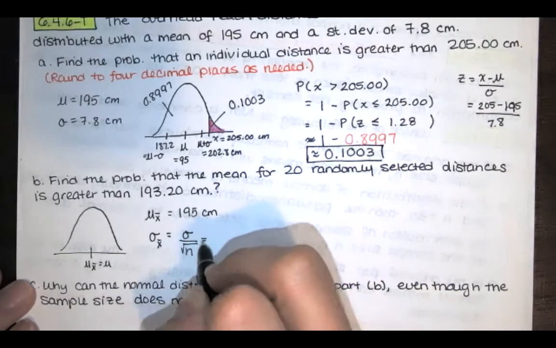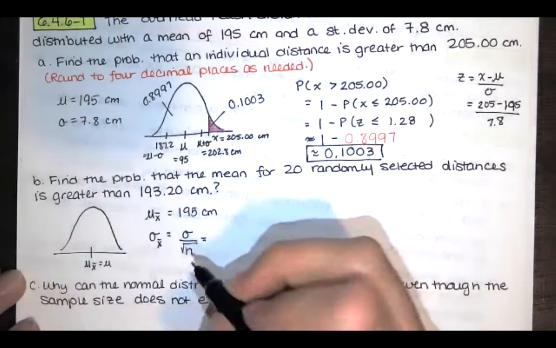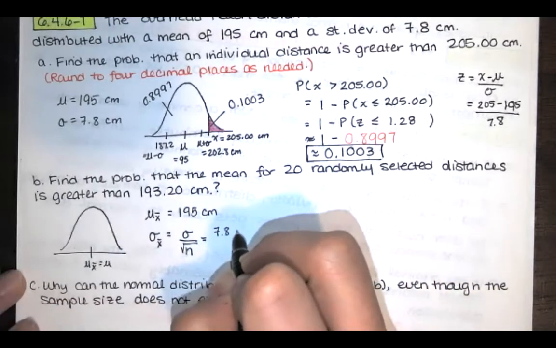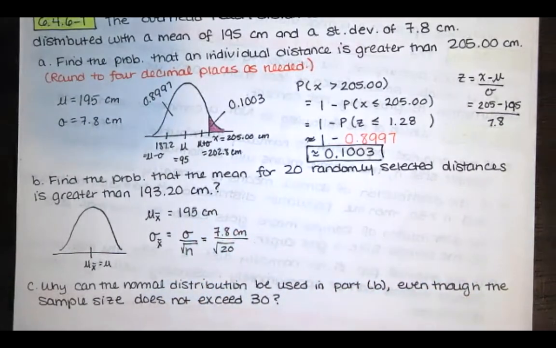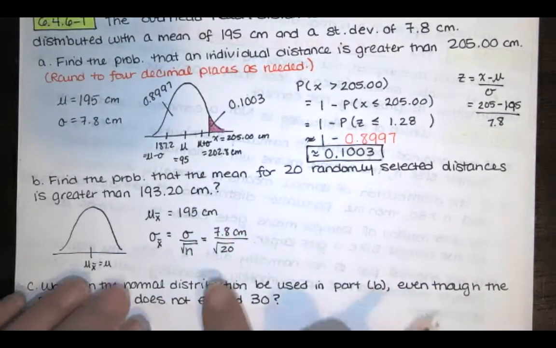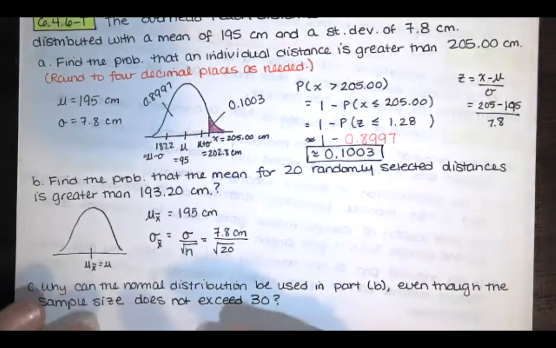So in our case, the standard deviation for the means is given by that 7.8 centimeters divided by the square root of 20, which of course we could simplify, but we won't worry about that.